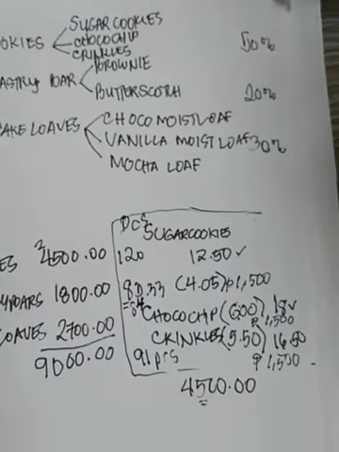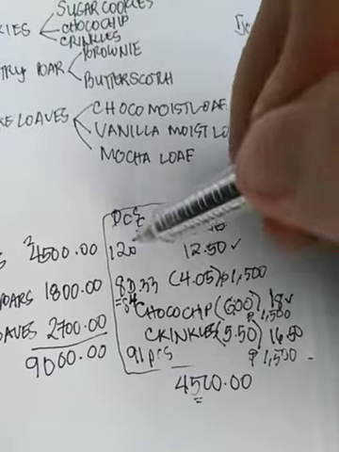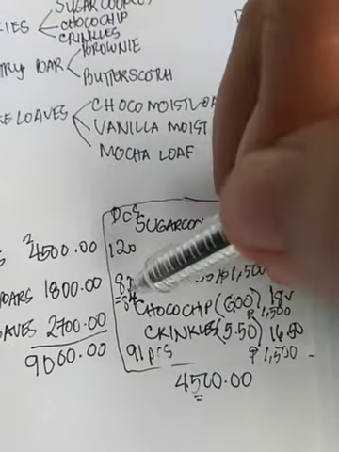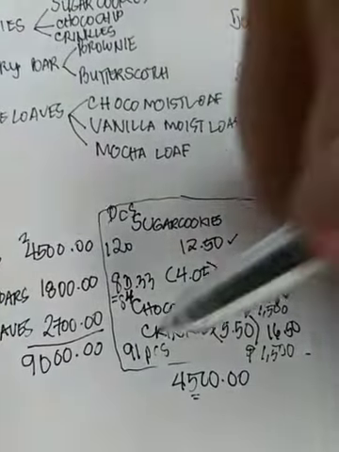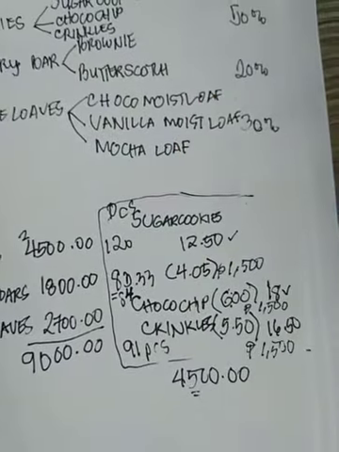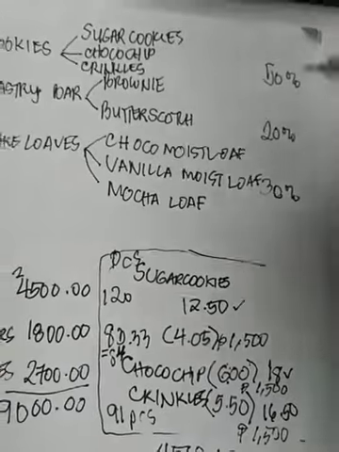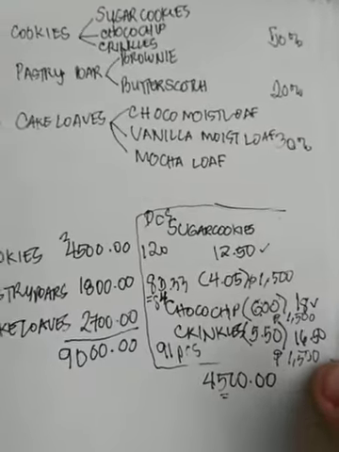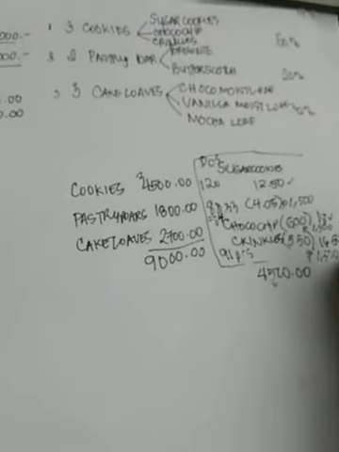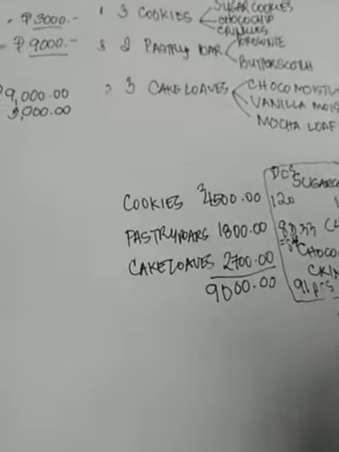Okay? So, pag nabenta mo daw yung 120 pieces na sugar cookies, 84 pieces na choco chip, and 91 pieces na crinkles, it will all add up to 4,500. Okay? So, let me just do the same for the pastry bar and the cake loaves. Okay? So, 4,500 na siya.